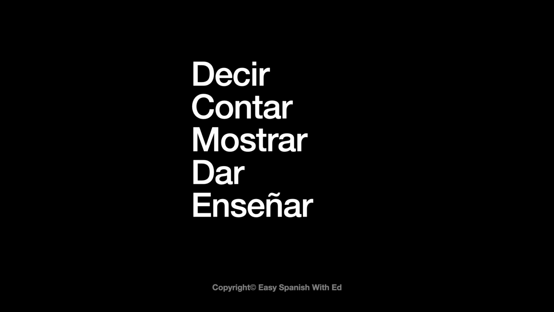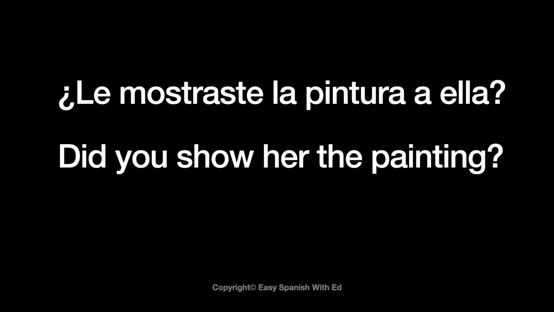Decir, which means to say or to tell. Contar, which means to tell in this case. It also means to count. Mostrar, to show. Dar, to give. Enseñar, which means to teach, but it also means to show. Did you show her the painting? ¿Le mostraste la pintura a ella?